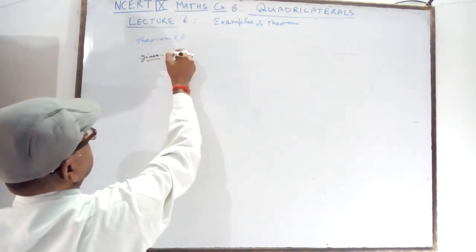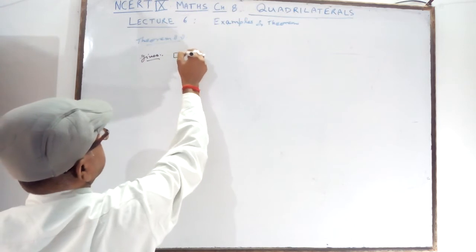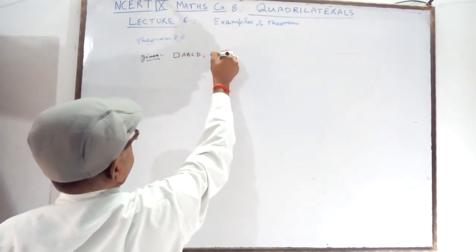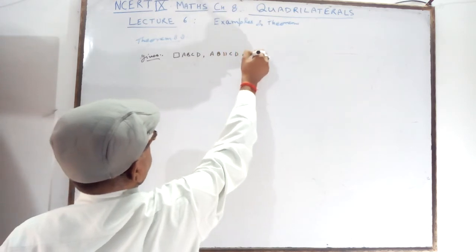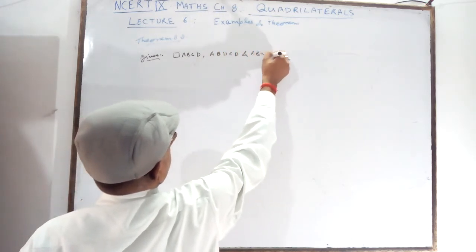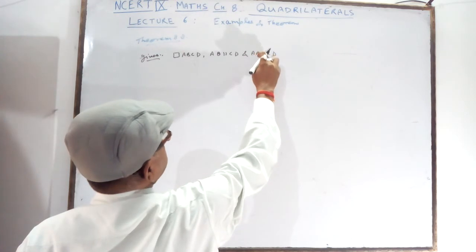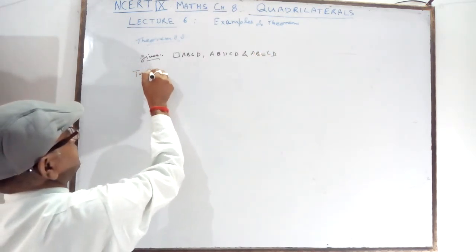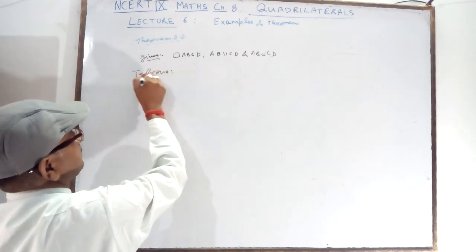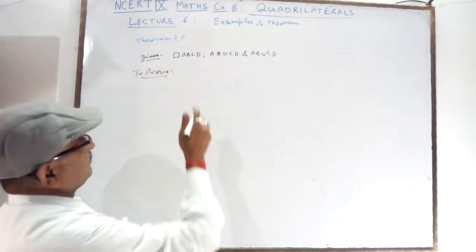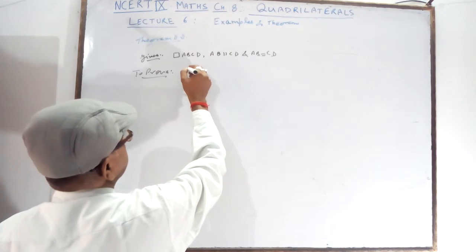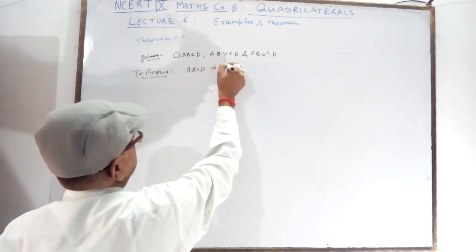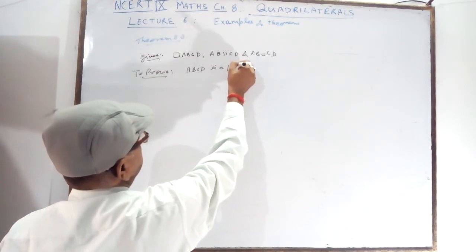What is given? A quadrilateral ABCD, with AB parallel to CD and AB equal to CD. One pair of opposite sides are parallel and equal. Then ABCD is a parallelogram. It is a very important theorem for this chapter to prove a parallelogram.